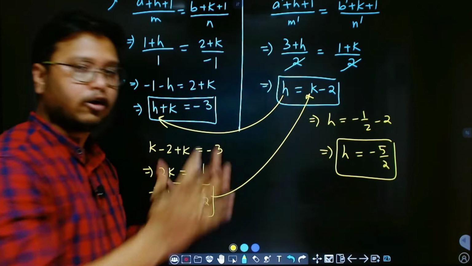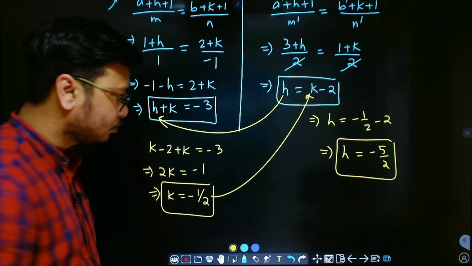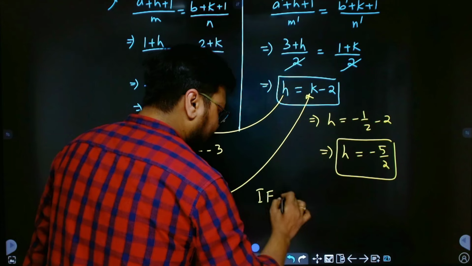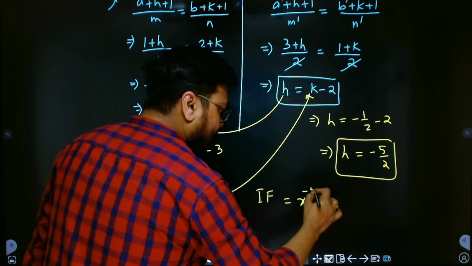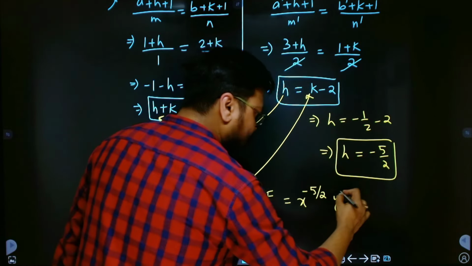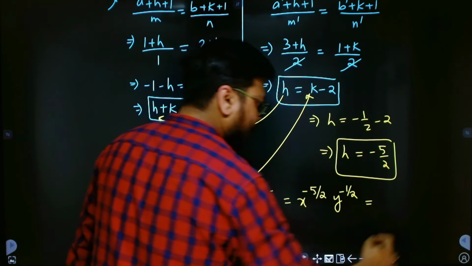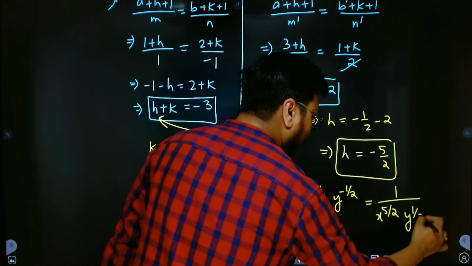As I told you, we have got fractional value, so that means this question you couldn't have done with any other rule. So your integrating factor would be x to the power h, so x to the power minus 5 by 2 into y to the power k, that means minus half. So basically you have 1 by x to the power 5 by 2, y to the power half.